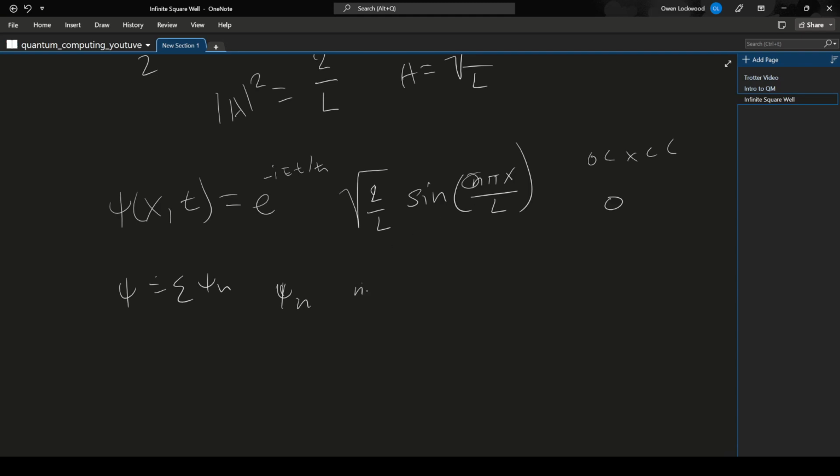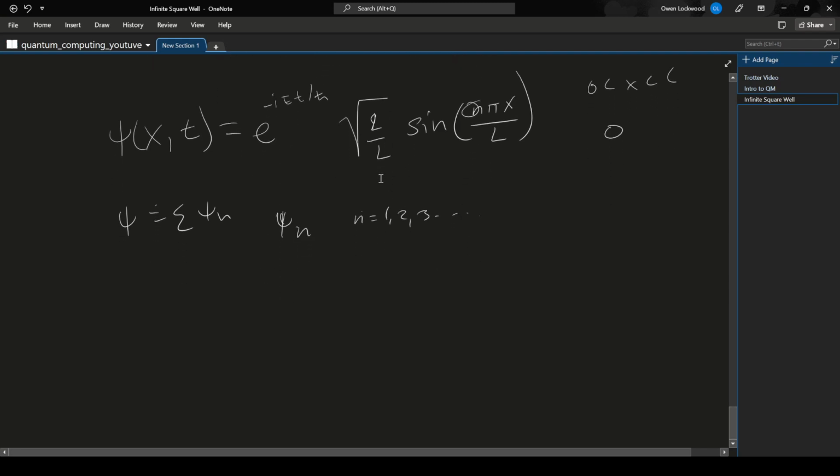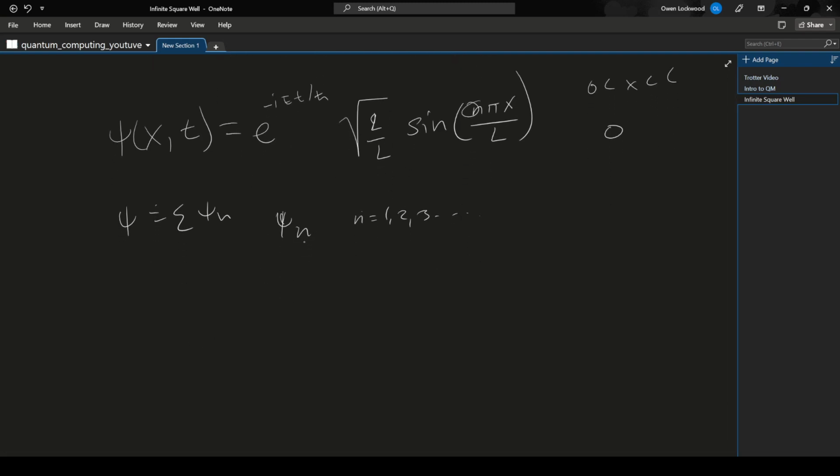So for n equals 1, 2, 3, this big wave function is a superposition of those wave functions. Now, it could be entirely in one state, but it can be represented in this format. There's a number of handy things here, and that is that for n going up, these alternate between even and odd functions.